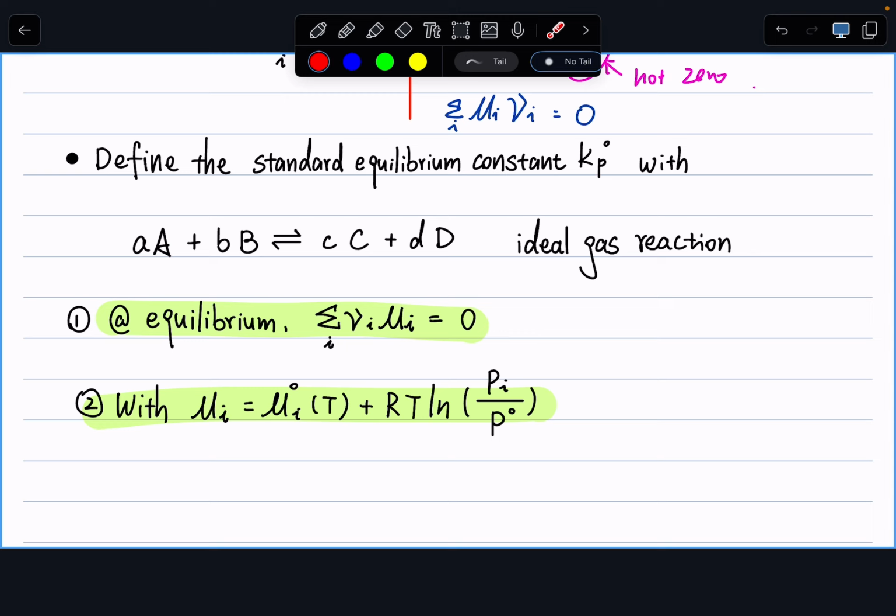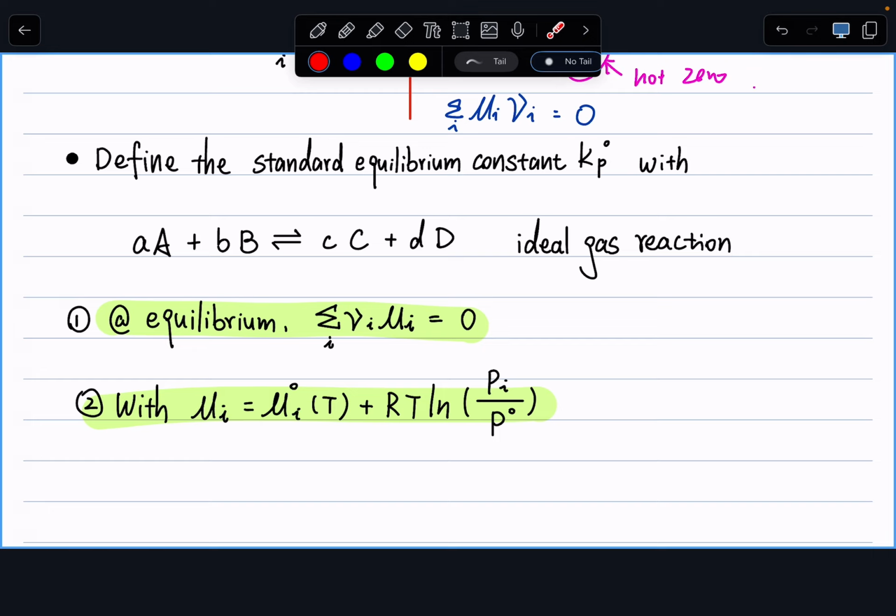So in this section, we used a sample reaction, aA plus bB goes to cC plus dD, and demonstrated that by using the fundamental expression of ideal gas mixtures, we can define our equilibrium constant and have a relationship. What is the equilibrium constant? It tells us the composition of different species at chemical equilibrium. And on the left-hand side, we have a thermodynamic state function, which is the delta G of our reaction.